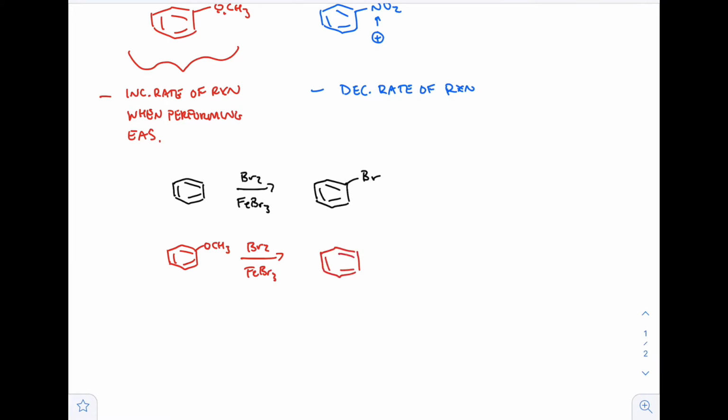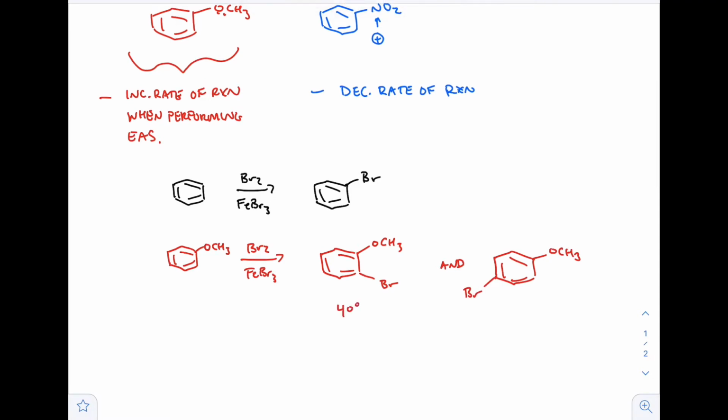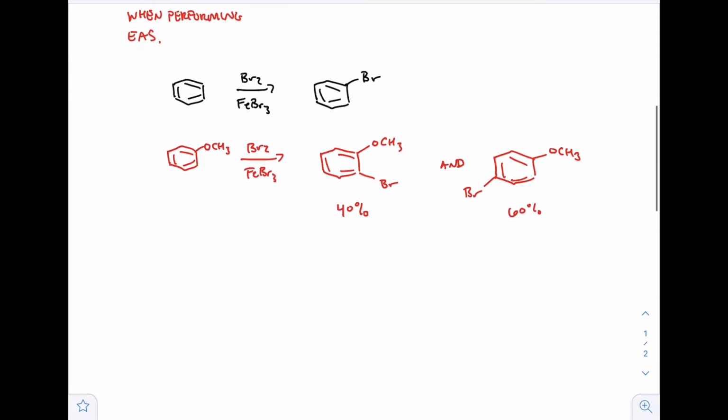Remember, that was an electron donating group. That's why I'm drawing it in red. That can give us, I'll draw a couple different products here because, as you'll see, that's what we would get. And we're going to get a mixture of the bromine at the ortho position as well as the para position. And I don't know, it doesn't matter, 40-60, let's say.